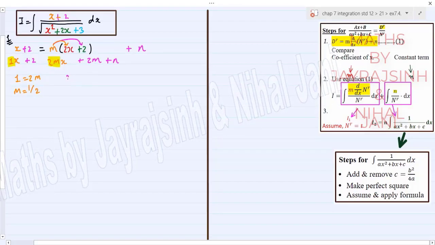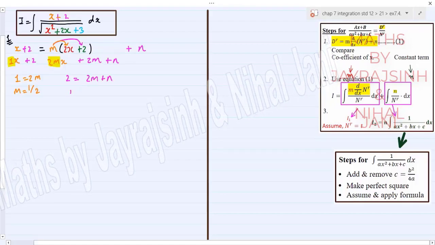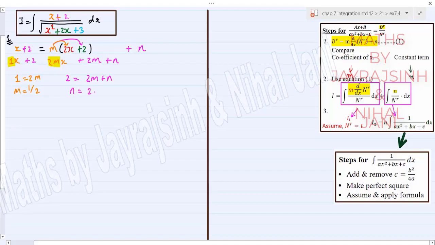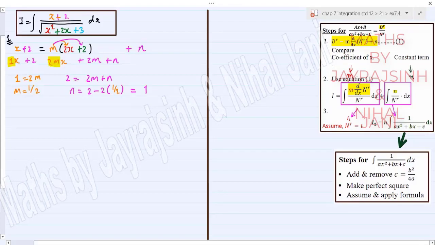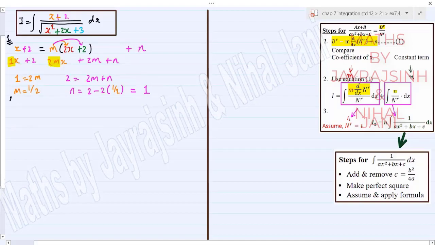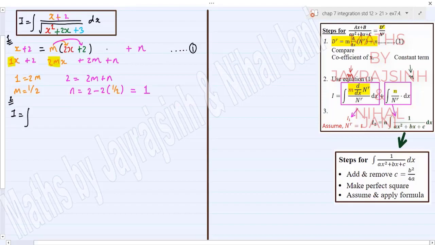And by comparing the constant terms, we will get 2 is equal to 2m plus n. Or we can say n is equal to 2 minus 2m. And our m is 1 by 2. So our n will be 1. So here we complete our first step. Now in second step, we have to separate the numerator of I using first equation.